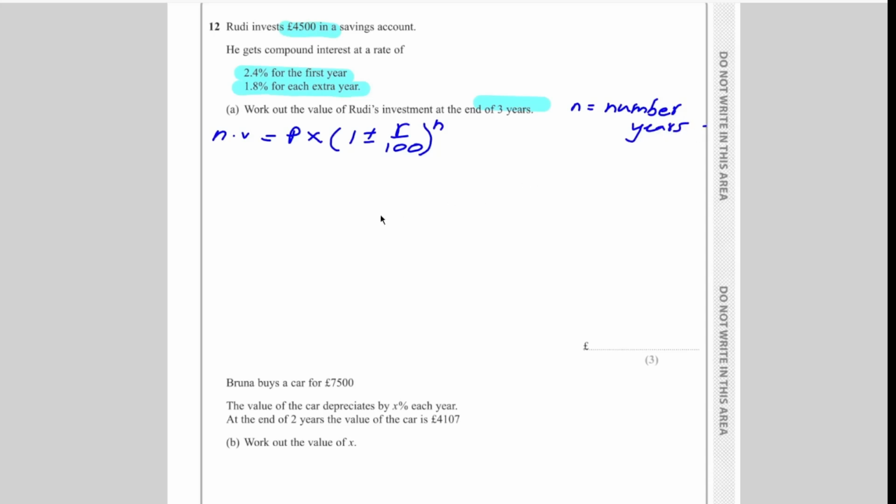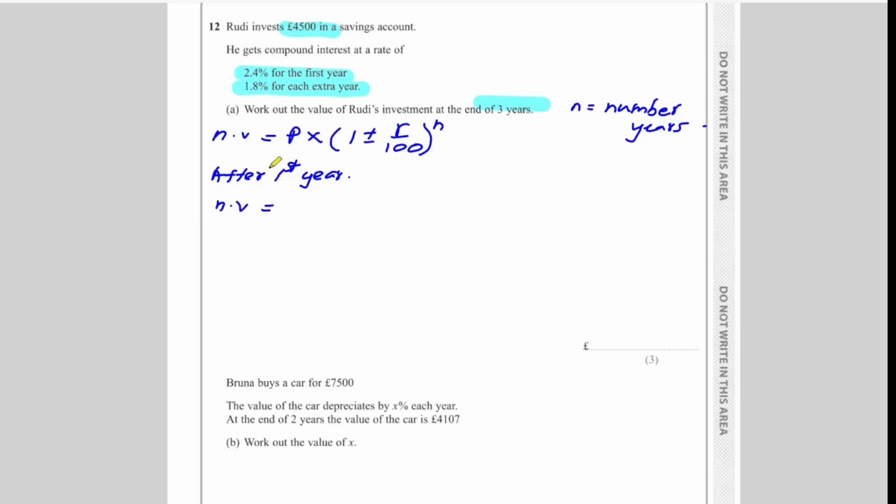Right. Let's do this one. First year investment. We have to use after first year because after first year, the percentage is different. Therefore, we need to break it down. So new value. Therefore, the investment is changing.